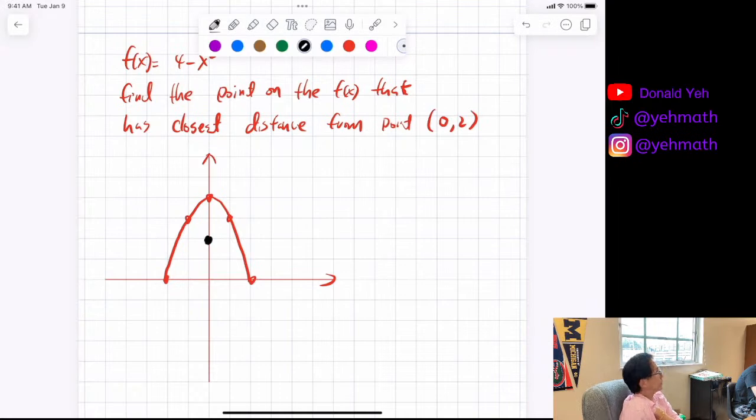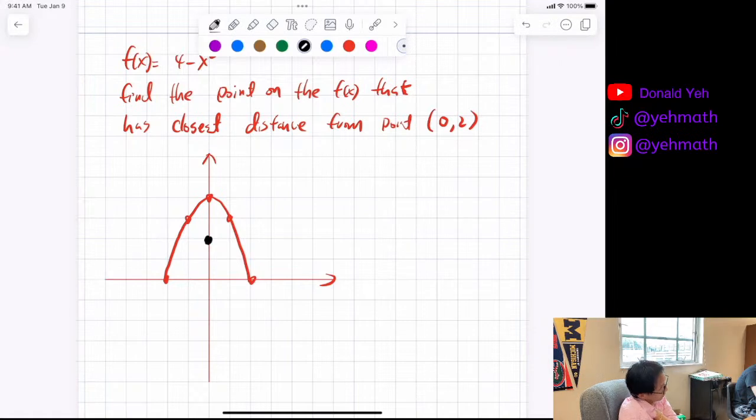Any ideas? What should I use as a primary? Primary would be the 4 minus x squared, right? Something to do with 4 minus x squared, but what will be the equation I'll be using here?